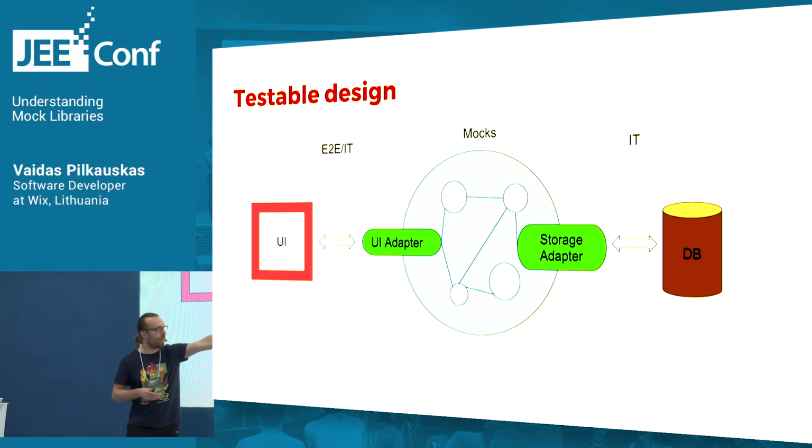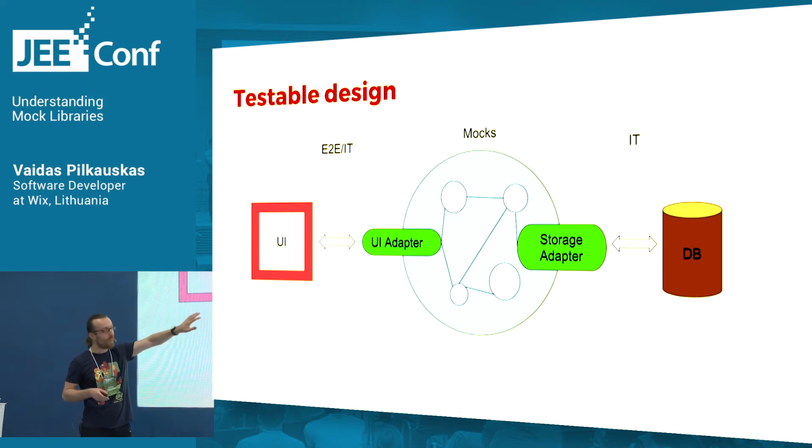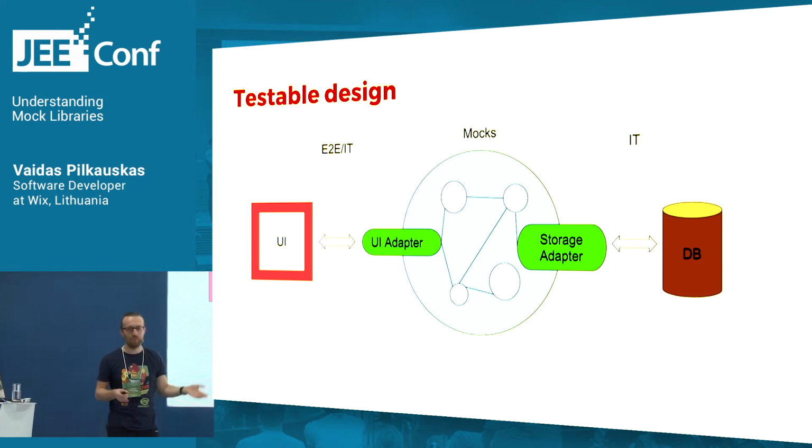For example, a side effect is to write some data to a database or read from it. Also, a side effect is to display something on the screen or in a browser and so on. So we want to isolate from those, and we put a boundary around our application logic. And that application logic is where we can do whatever we want.